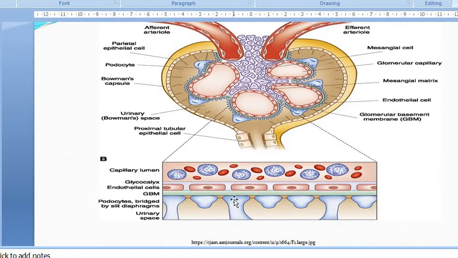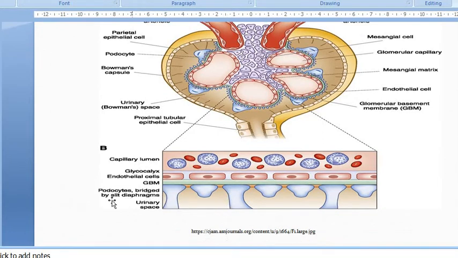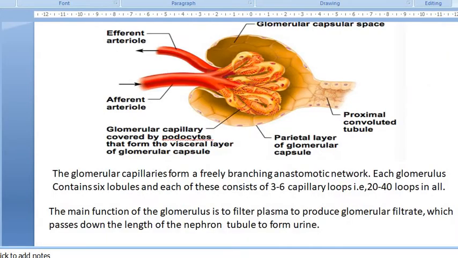It gets filtered through the glomerular basement membrane. These are the podocytes, which are bridged by the slit diaphragm, and the filtrate enters the Bowman space here, or the urinary space. This structure is enlarged over here.